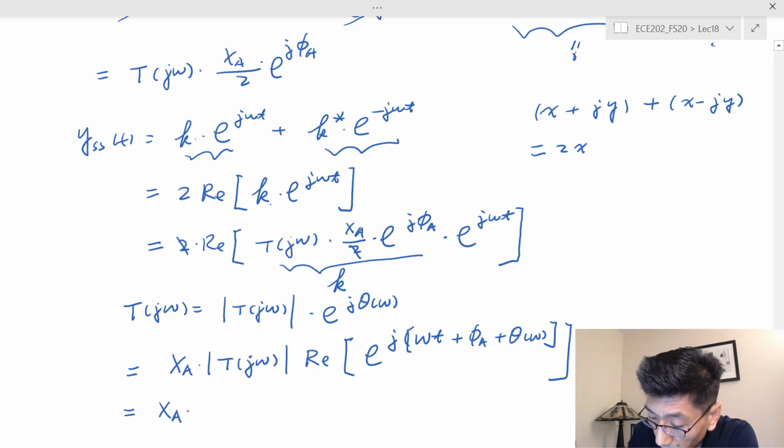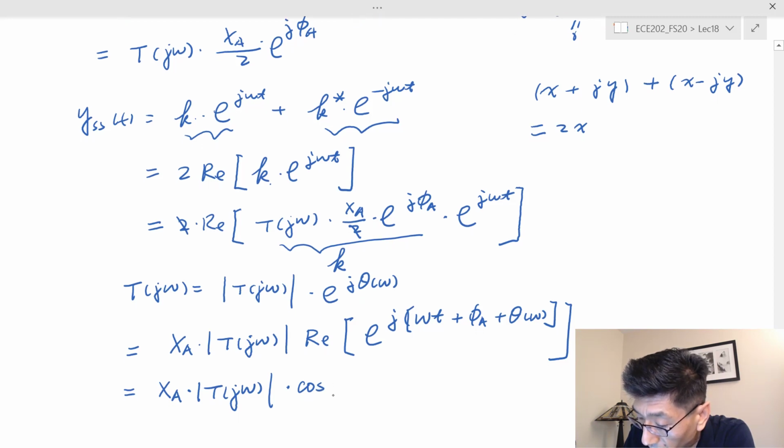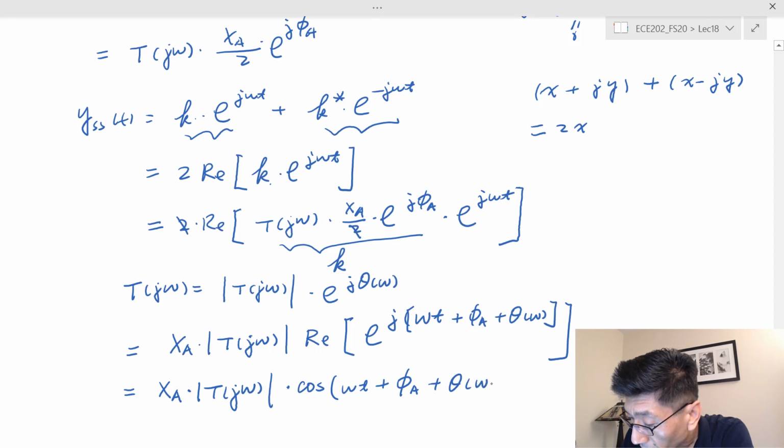So that's X_a times |T(j omega)| and the real part of that e^(j...) thing is just the cosine of the exponent, the part following the j. So that's cosine of omega t plus phi_a plus theta(omega).